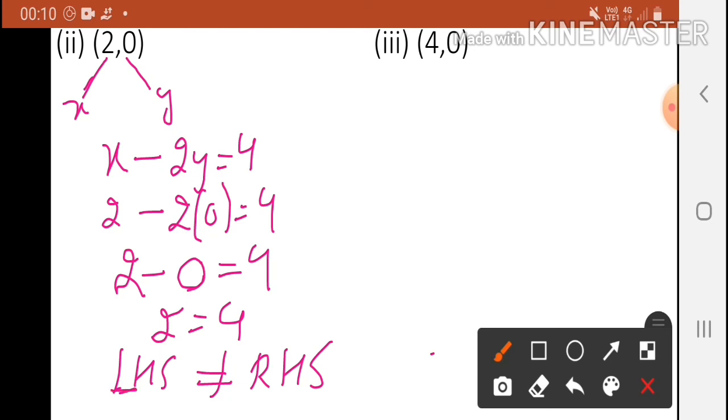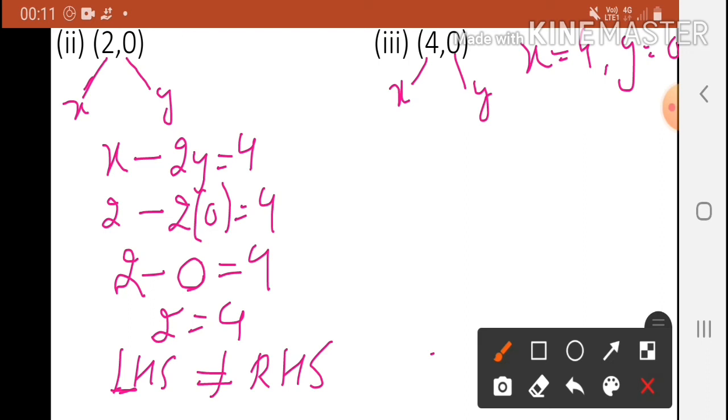Then again, this is x, this is y. In your paper you have to write like this, x equals 4 and y equals 0. Don't do it the other way.